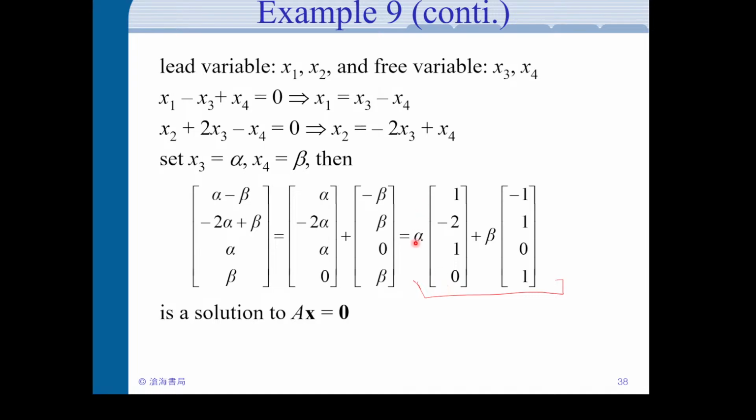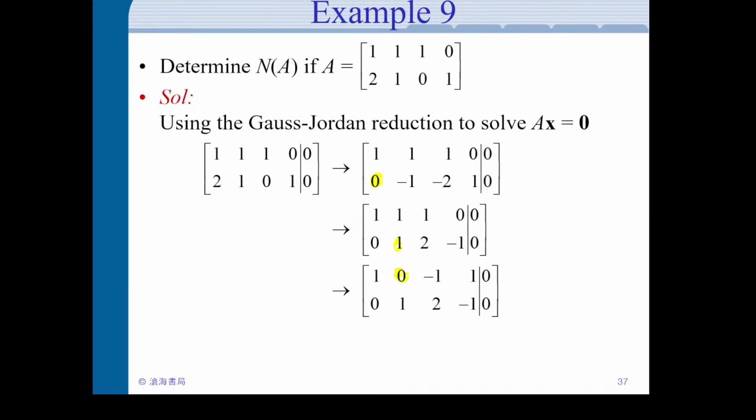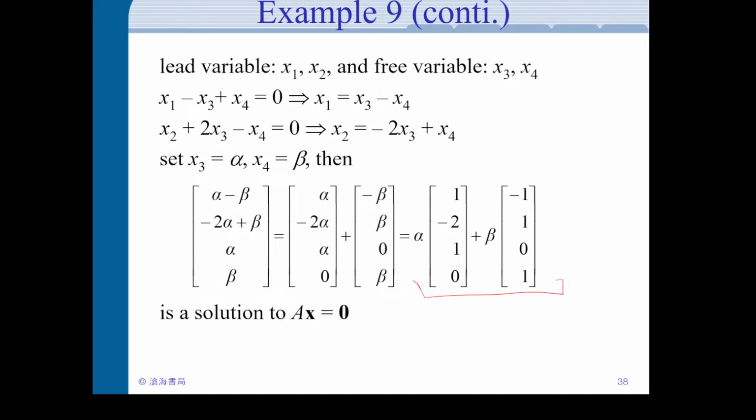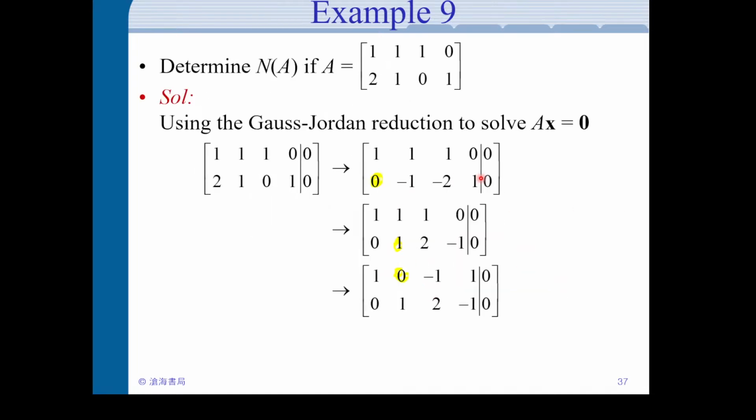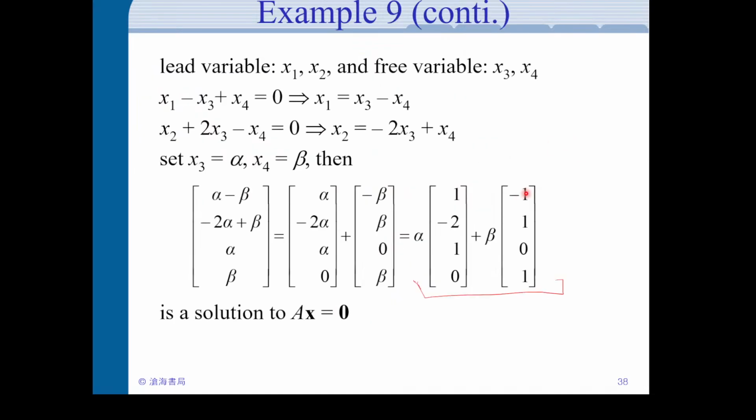So some coefficient times a vector, some coefficient times another vector, and if it's a more general subspace, then you are going to add more terms. But anyway, back to our null space: the solution to Ax equals 0 has this form, and the null space is this form.